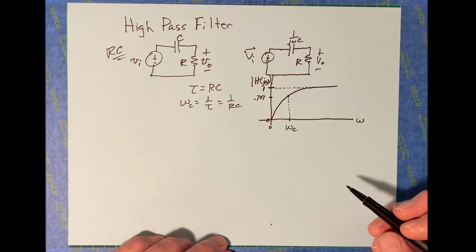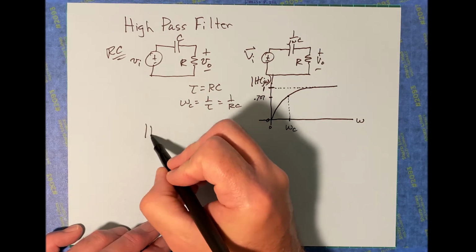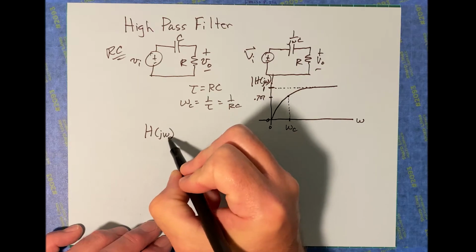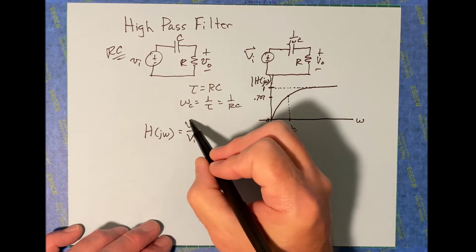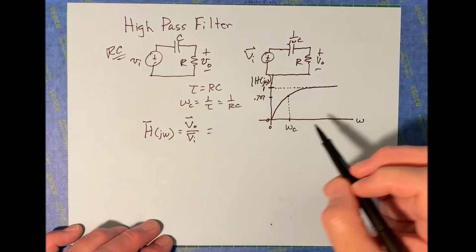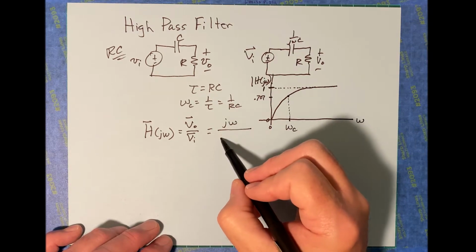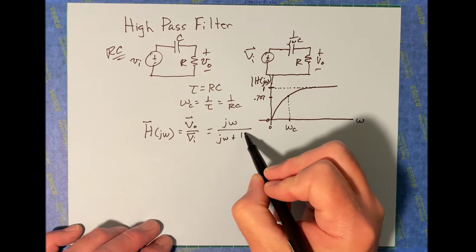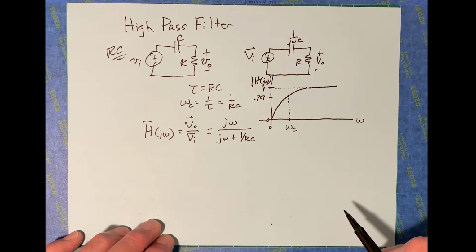All right, we'll go through the same sort of analysis very quickly. Transfer function, H of j omega, is V output over V input. Everything's a phasor here. And when you do that, you're going to end up with j omega over j omega plus 1 over RC, like that.